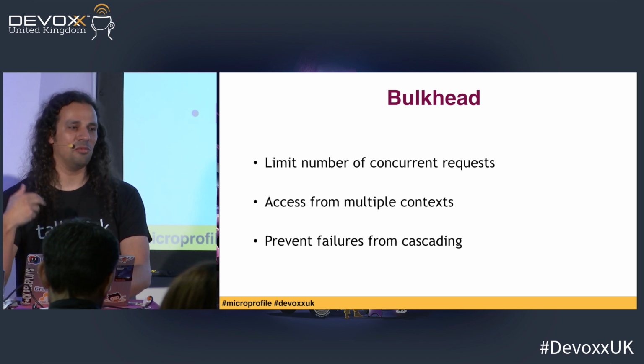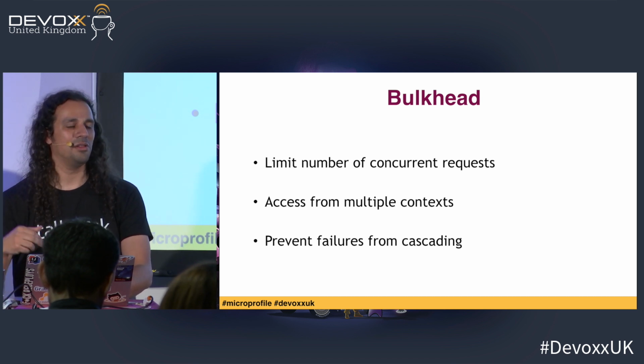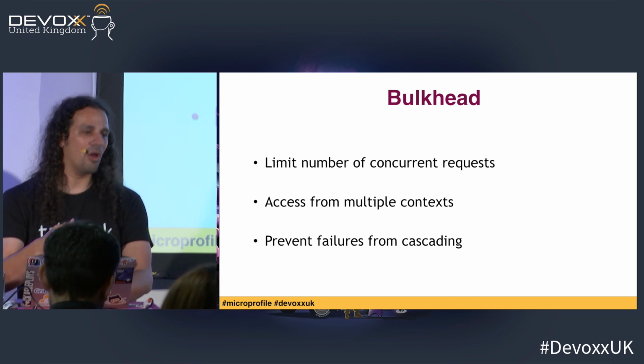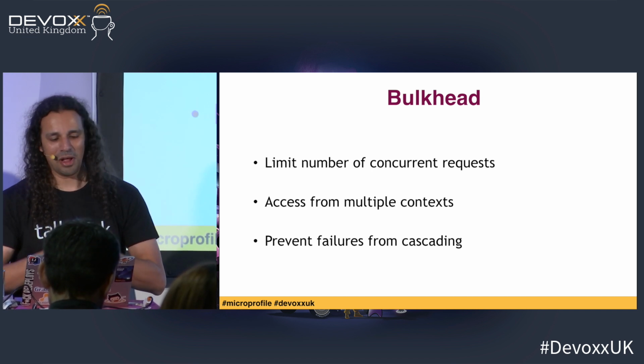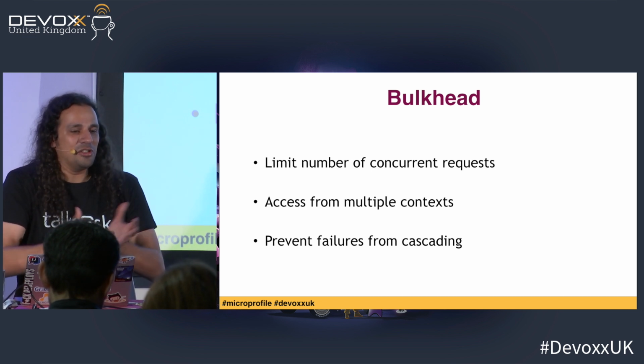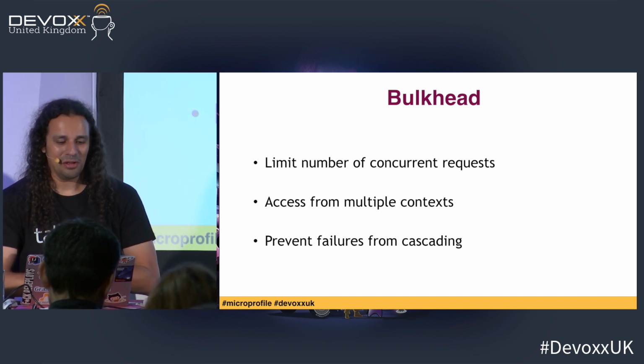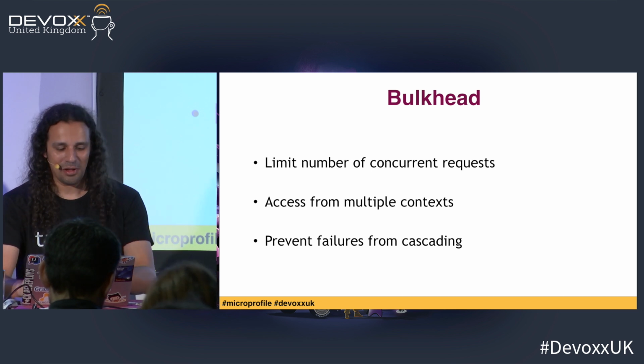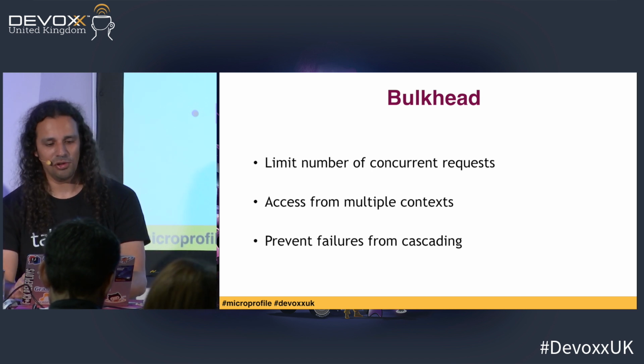If you're calling it with multiple requests and it's not able to handle the load, usually the best technique is to set it up in a way that is able to handle the load, but if you're not able to do that, the bulkhead might be a good solution for you.